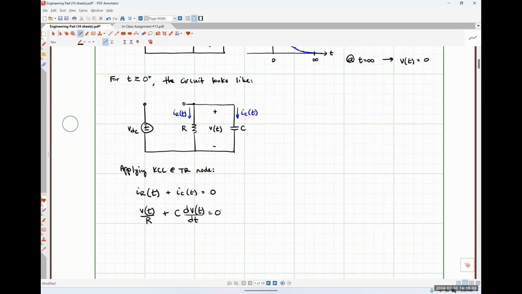So what we're looking for is a mathematical waveform or function where the function plus its derivative might add together to make 0. Does anybody have any thoughts on what functions might do that?